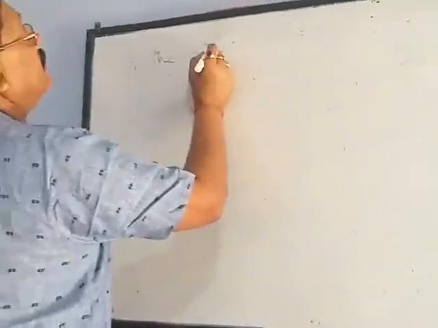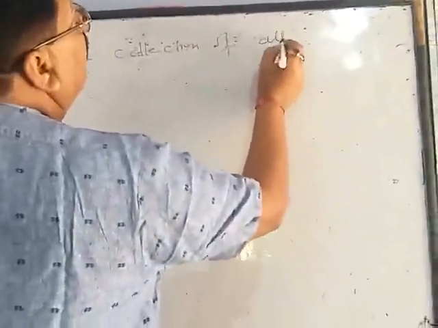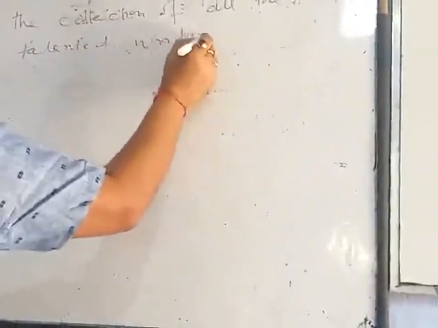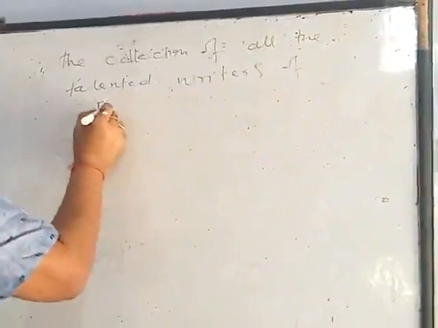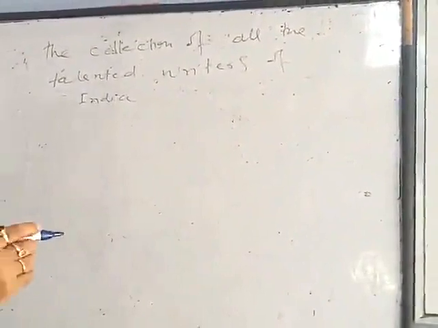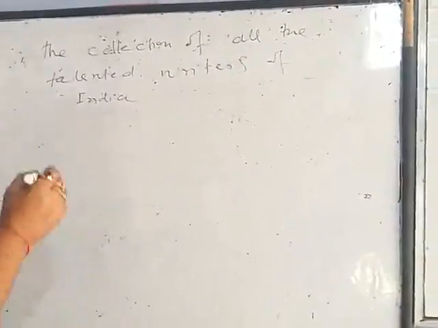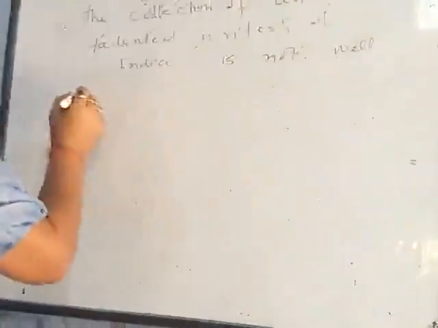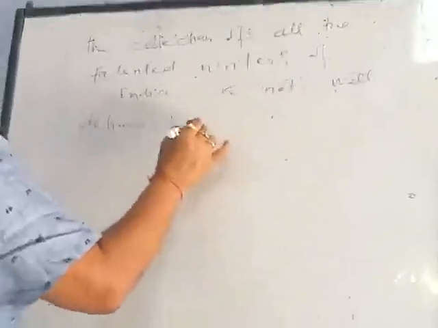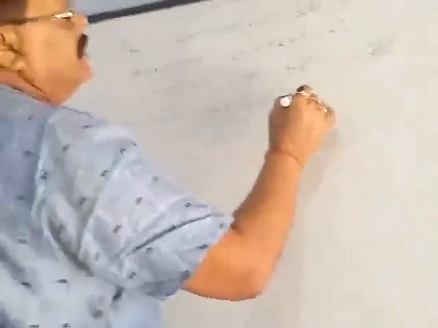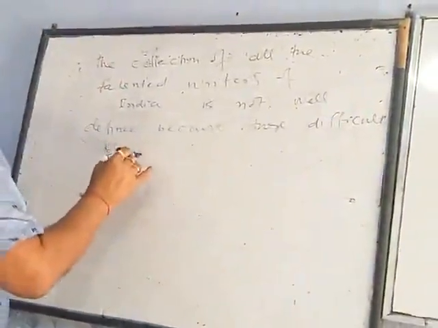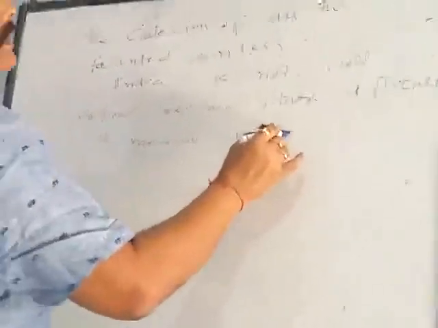Which collection is not a set? The collection of all the talented writers of India is not well defined, because it is difficult to measure talented writers.